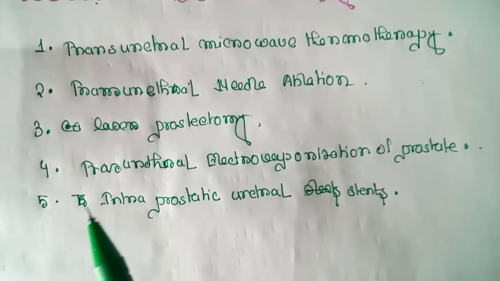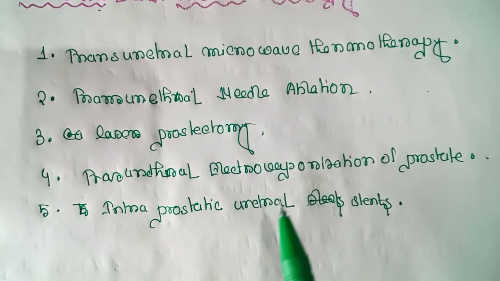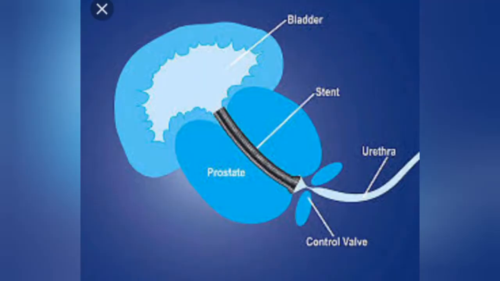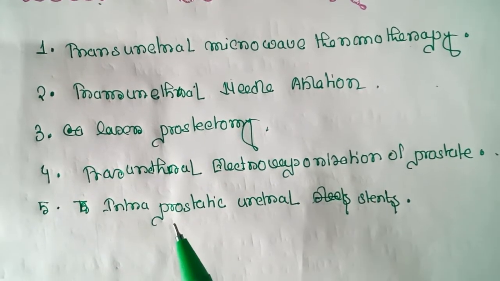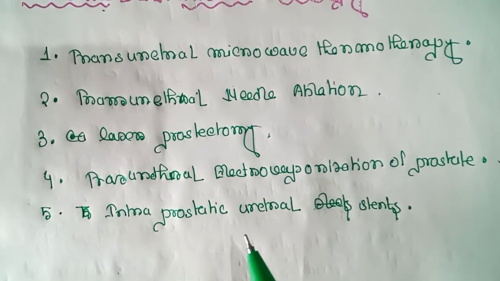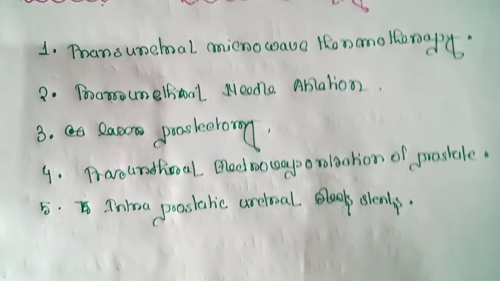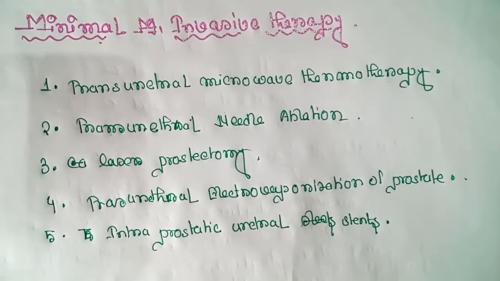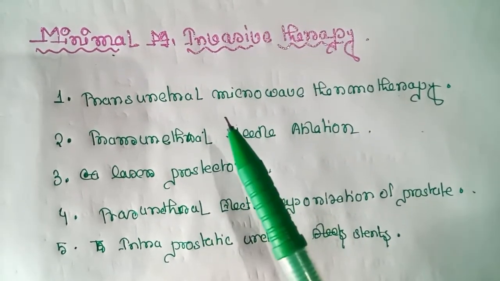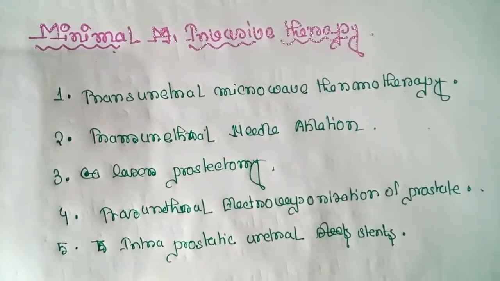Next, intraprostatic urethral stents: insertion of self-expandable metallic stents into the urethra where the enlarged area of the prostate occurs. So, these are the minimally invasive therapies.